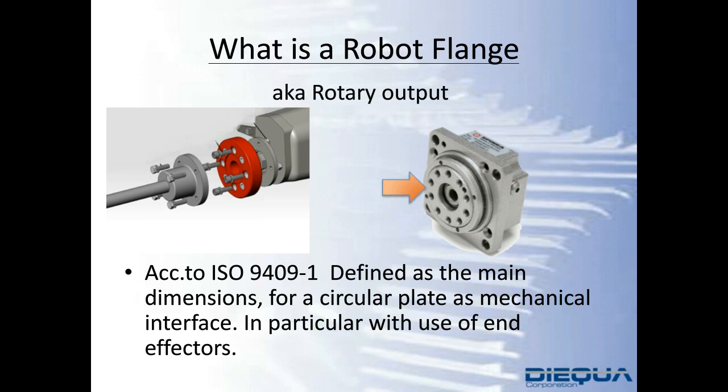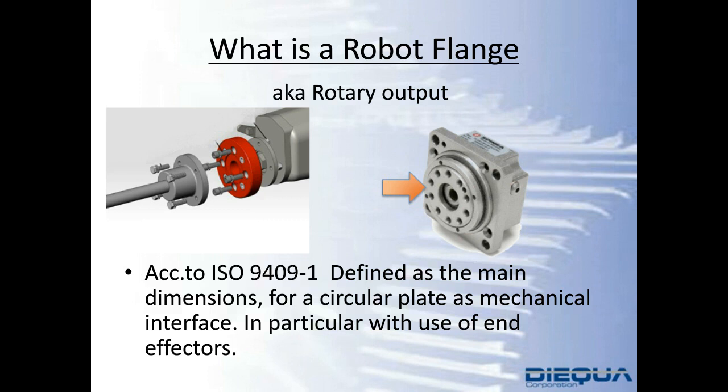And so in order to connect the reducer onto your machine, one of the common methods, and I'll explain the strong benefits of going this route, is a robot flange, aka rotary output. Most people will identify it as a robot flange, but for those who don't, it's also known as a rotary output.